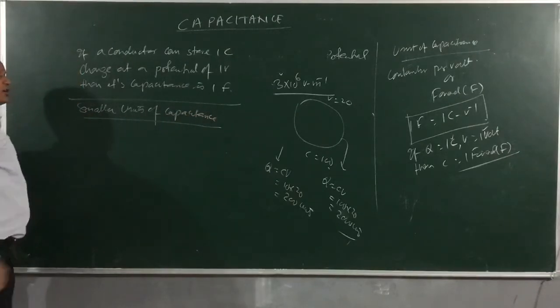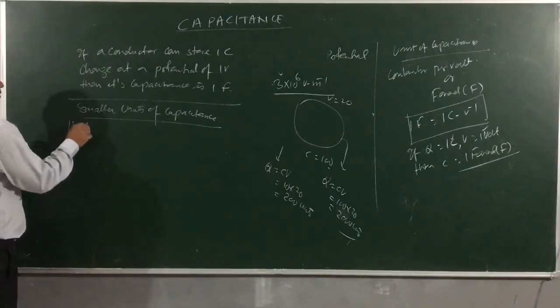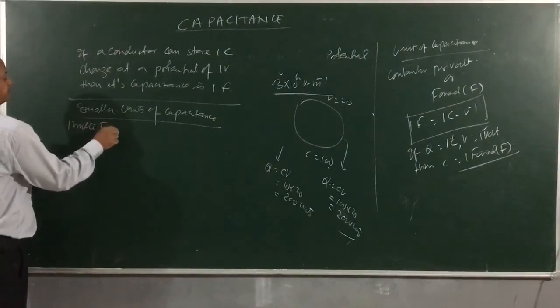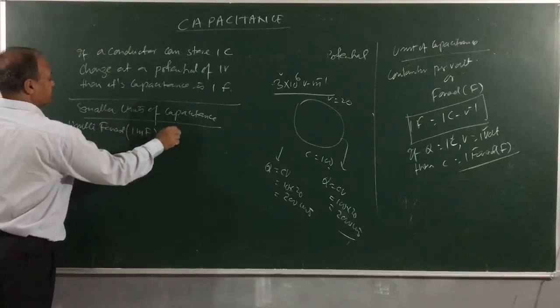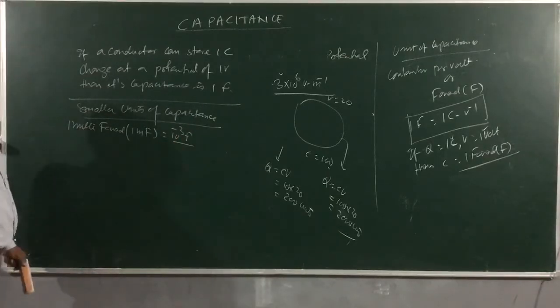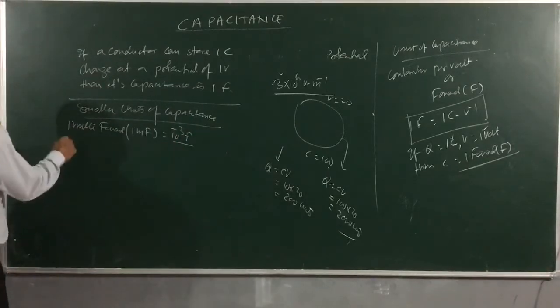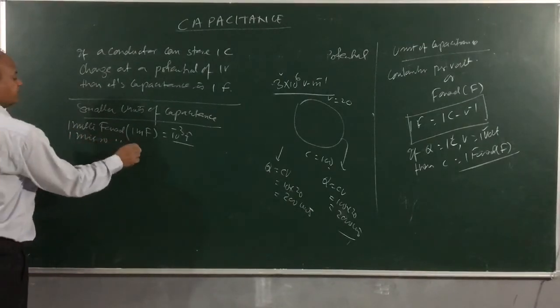So which small units of capacitance are we using? We have 1 millifarad. We are writing 1 small m and capital F. It is 10 to the minus 3 farad. 1 millifarad is 10 to the minus 3 farad. Then we have 1 microfarad, mu F.